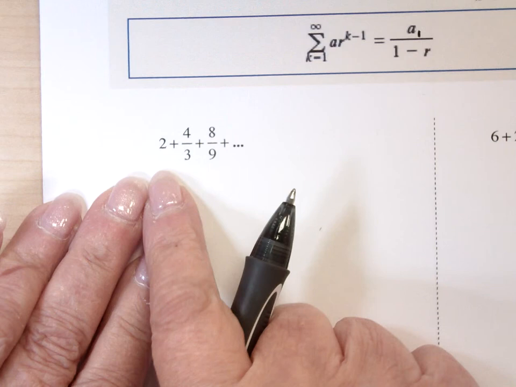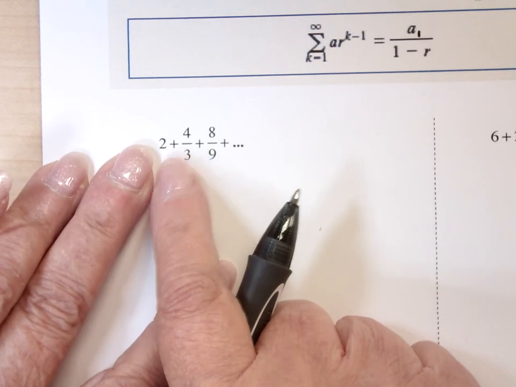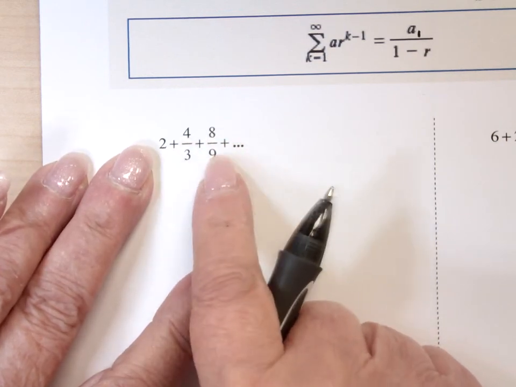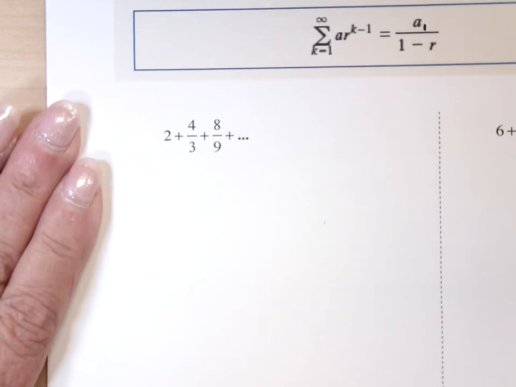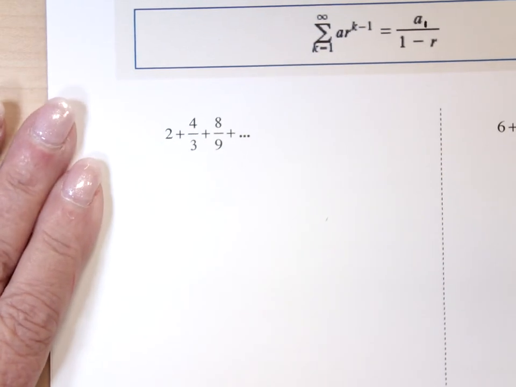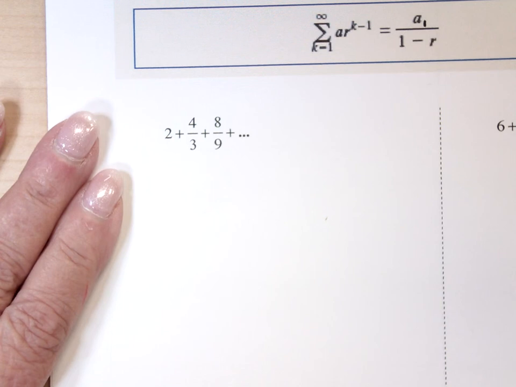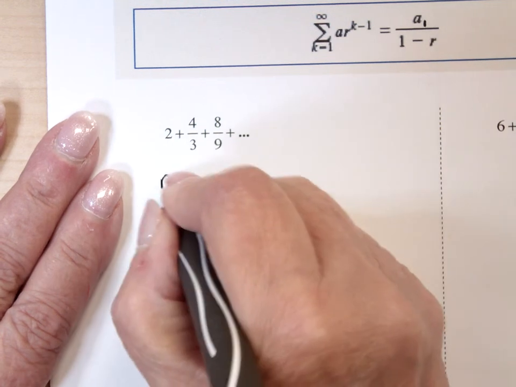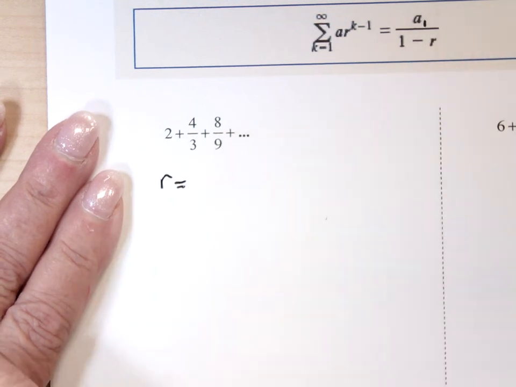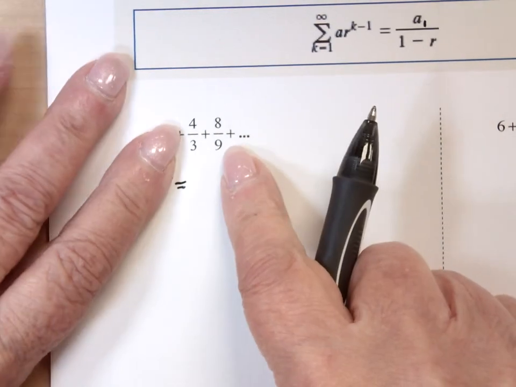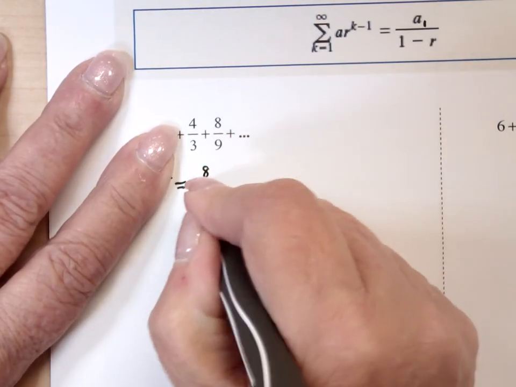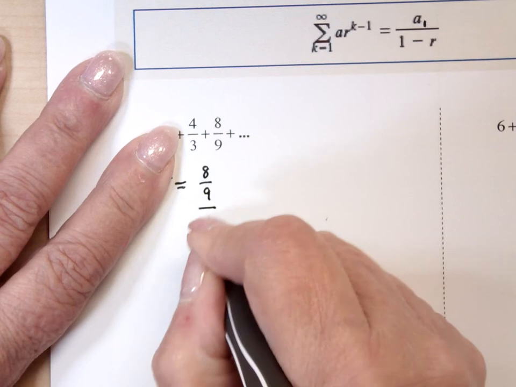So here we go. The sum of 2 plus 4/3 plus 8/9 plus dot dot dot. Dot dot dot means that it goes on forever, but I need to know what r is. Now remember what r is. You take two terms that are side by side and divide them.